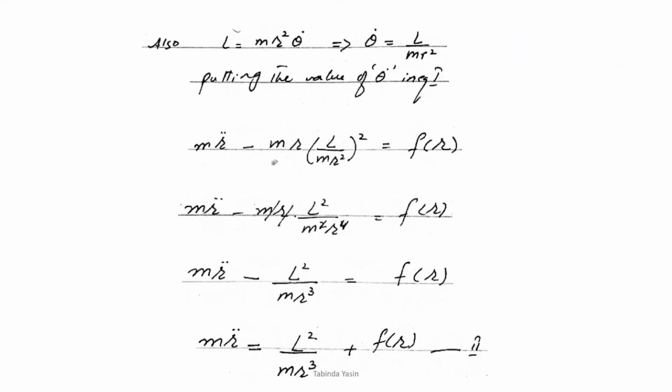Now we know that L is equal to m r square theta dot, that is the angular momentum value. From here we get theta dot is equal to L over m r square. Taking that value of theta dot, we substitute it in equation 1.